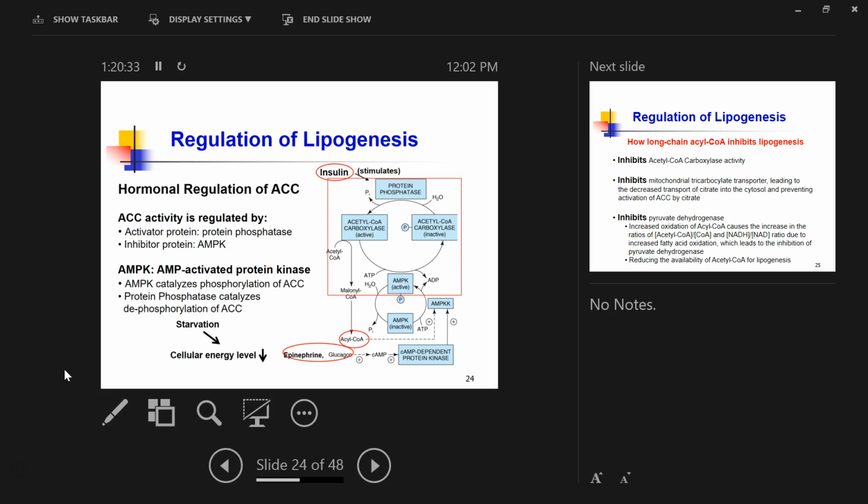And then it phosphorylates ACC, causing decreased ACC activity and decreased lipogenesis, right? So again, we just added one more enzyme, AMPK, and how it regulates ACC and lipogenesis. Any questions? Right.